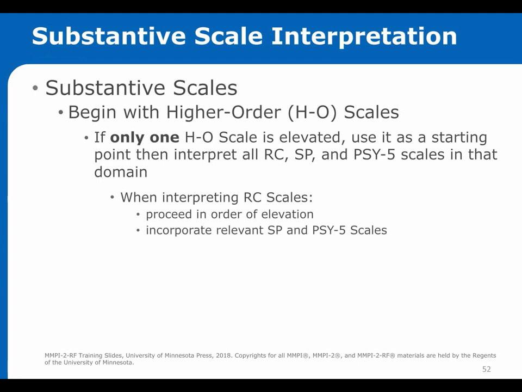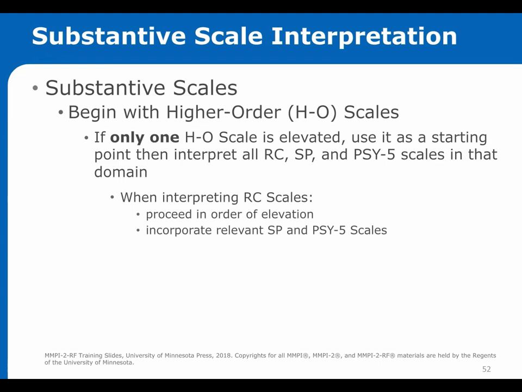When interpreting the RC scales, if there are multiple RC scales within a domain that are elevated, then you proceed in order of elevation. In other words, you interpret the RC scale with the highest elevation first, followed by the RC scale with the second highest elevation, and so on.